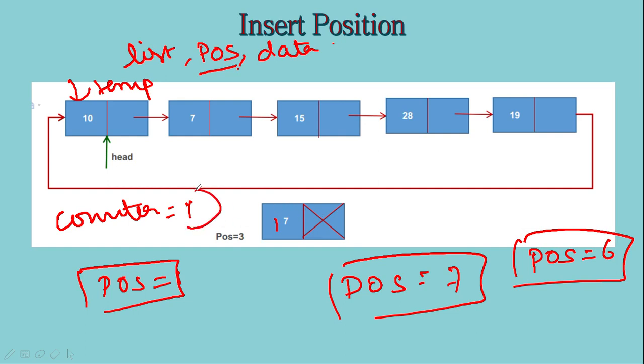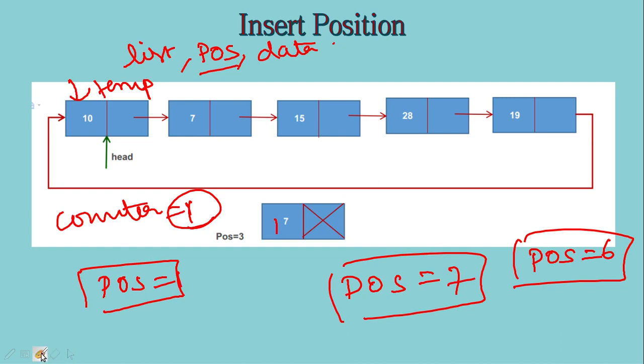By using the counter, we can check that if the value of counter is 1 less than the position, then we can conclude that we are at the right place, right? So you will have a condition check whether your temp is not the last node. If your counter is not equal to position minus 1, then you are going to move your temp to the next node and you will increment the counter, right?